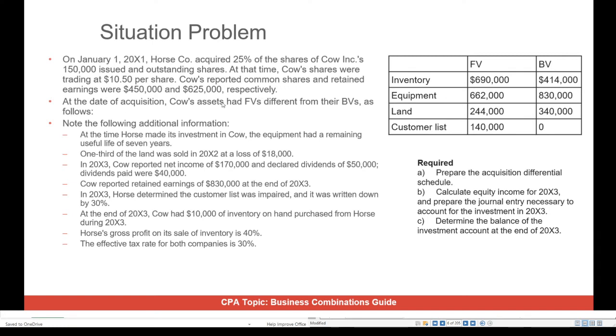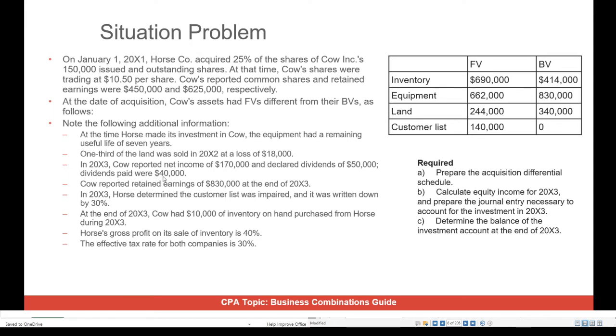At the date of the acquisition, Cow's assets had fair value different from their book value as follows. The note: at the time Horse made its investment in Cow, the equipment had a remaining useful life of 7 years. 1/3 of the land was sold in 20X2 at a loss of $18,000. In 20X3, Cow reported net income of $170,000 and declared dividends of $50,000.